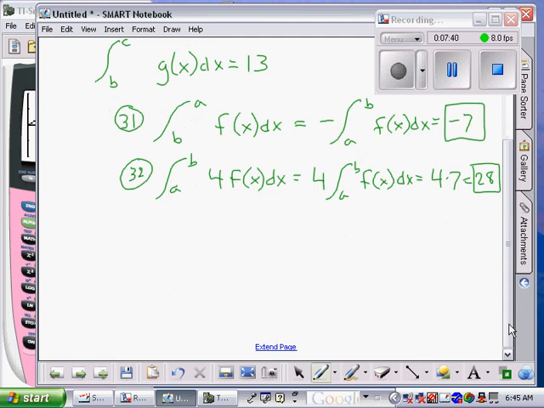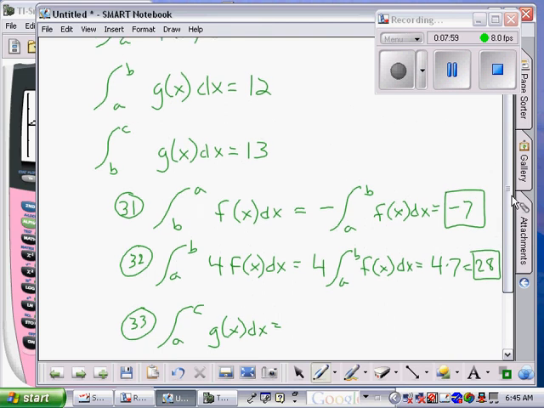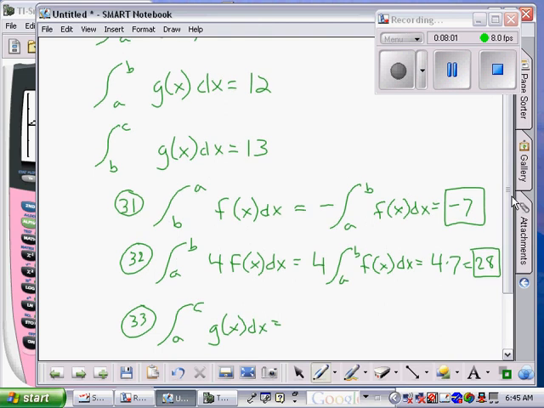Okay, and I may make up a couple here, but let's look at, well, 33 has you go from a to c of g of x dx. This is one of the properties we also had. So if this is a to b up here, that's 12, and b to c is 13, do you remember what we could do if we had them separated?